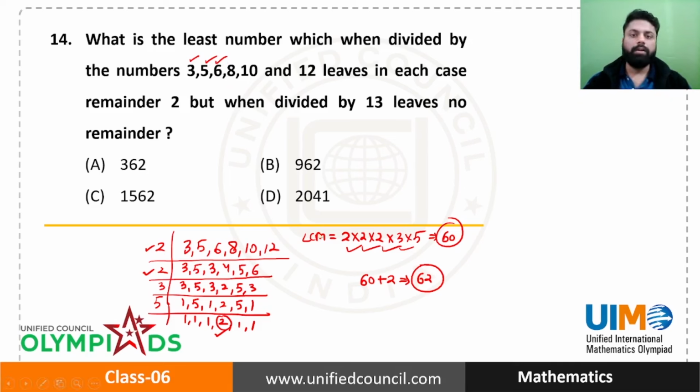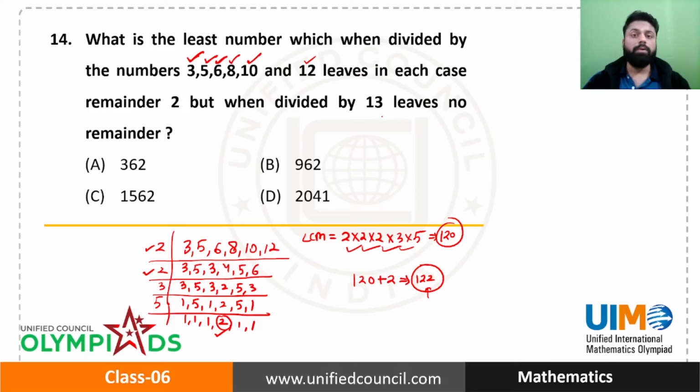For 8, this is not 20, this is 2, 4, 8, 24, okay, 120. So this is 122. 30 into 4, 25, 24 into 5, 20 into 6, 15 into 8, 12 into 10. So every time it is going to leave the remainder as 2.